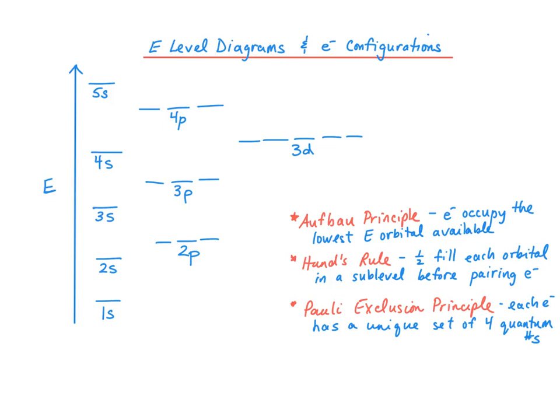And you'll recognize the sublevel designations here: the 1s sublevel, the 2s sublevel, the 2p sublevel, 3s, 3p, 4s, 3d, 4p, 5s, and so on. I just went as high as 5s here. Now, the order of how I've shown these increasing will be addressed later, but just notice that because the arrow is increasing in energy upwards, the 1s sublevel is the lowest energy sublevel, then the 2s, then the 2p, and so on.